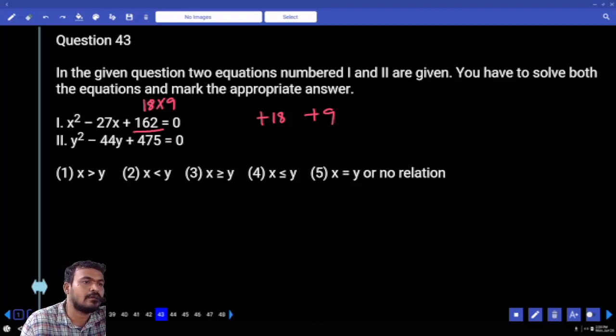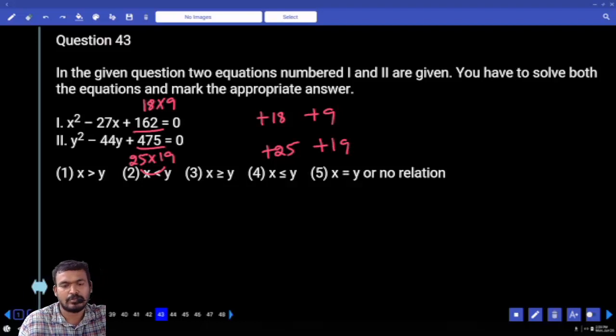Exactly divisible by 25. 25 how many times? 19 times. 475 is visible, at the last 75 is visible. 25 multiple, right? 25 how many times? 19 times. 25 plus 19, 44. Then one will be plus 25. Another one is plus 19. And 8. Both are in less than or greater than? Less than. X is less than y.